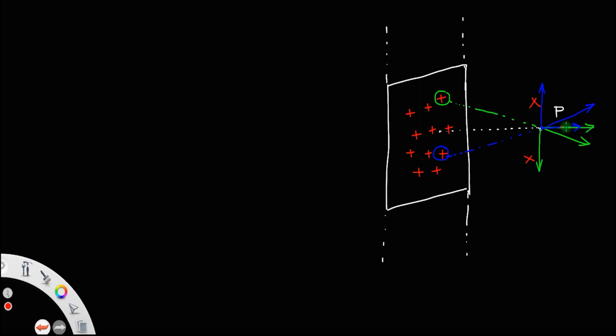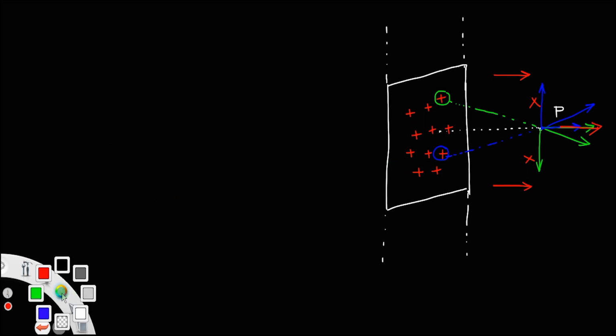Which means the electric field will be only in this direction. And this is true for every point, as there is always a pair of charges like this. So the electric field will always be in the horizontal direction.